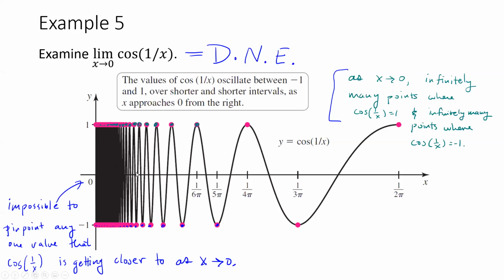as x gets closer to 0, you can see that the frequency of this sine cosine function is getting bigger and bigger, essentially going to infinity. So in other words, it's oscillating, bouncing up and down more and more rapidly as it gets closer to 0.